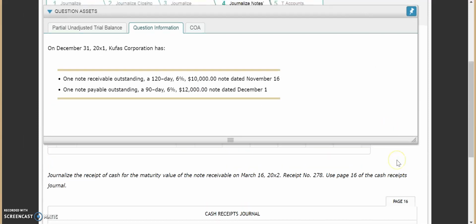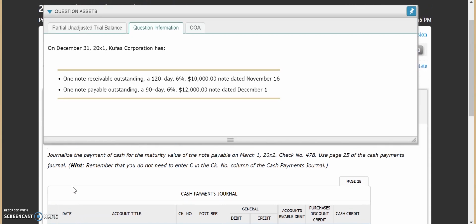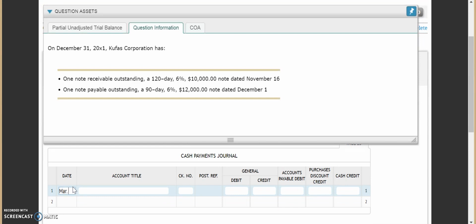So when we do this, I better come back up here to our cash payments. Cash payment, remember, is we're talking about our note payable. So what we're going to do here is we take our date, which is, I got to double check that again, on March 1st. So March 1. Our account title, remember, is going to be notes payable.